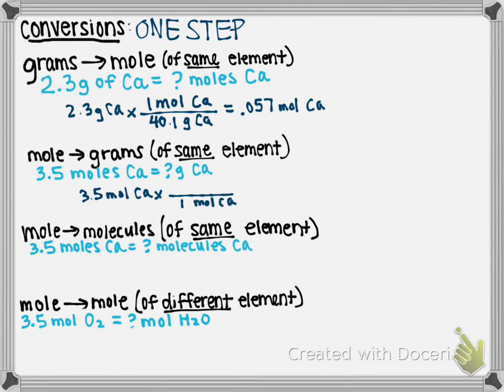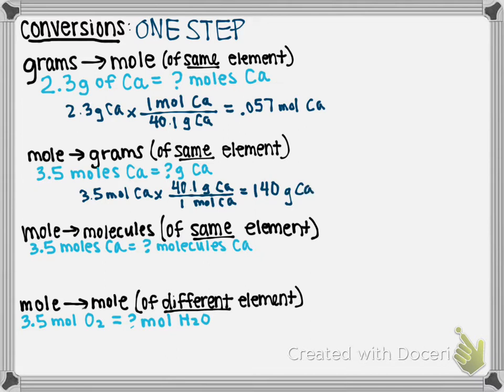It's always going to be 1 mole to grams, and again, the mass of Ca is 40.1. So in this case, you will take 3.5 times 40.1 divided by 1, and your answer is 140, with the correct number of sig figs, and your unit is grams of Ca.